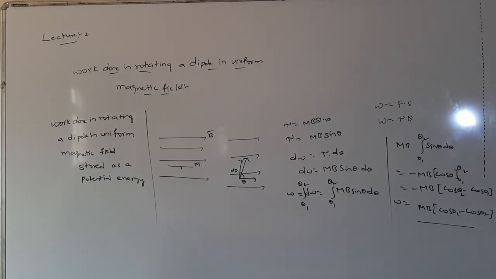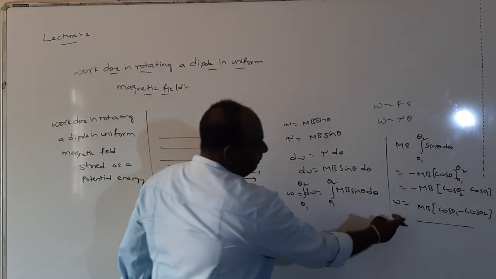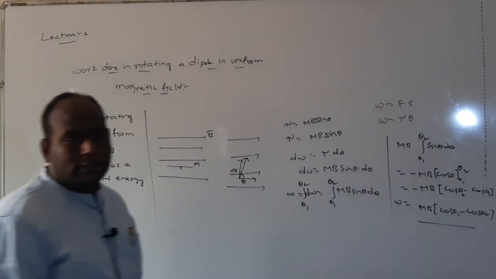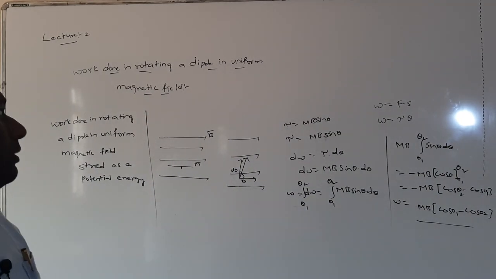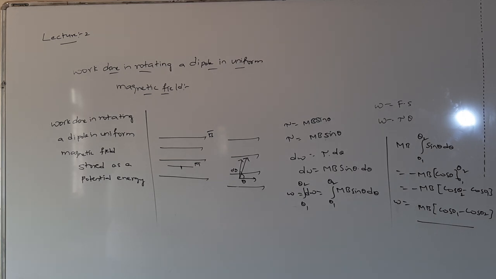This is about work done in rotating a dipole in the uniform magnetic field. So the expression is mb into cos theta 1 minus cos theta 2. This is the amount of work done in rotating a dipole in uniform magnetic field.